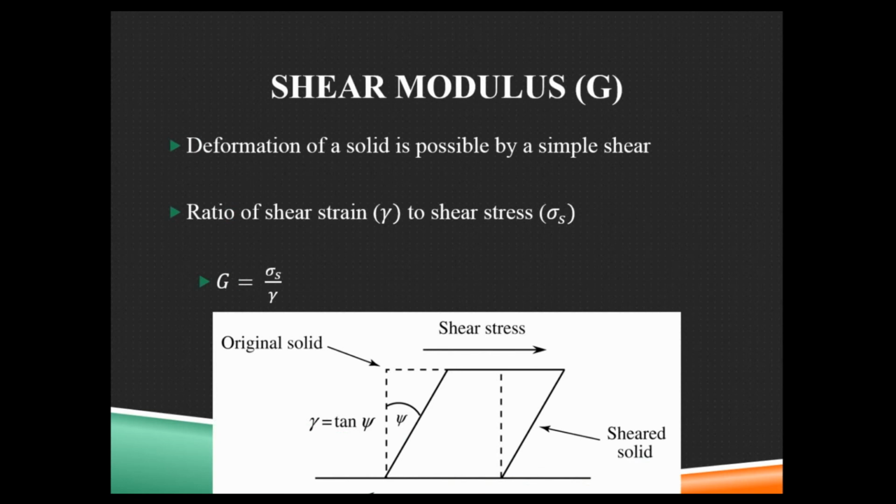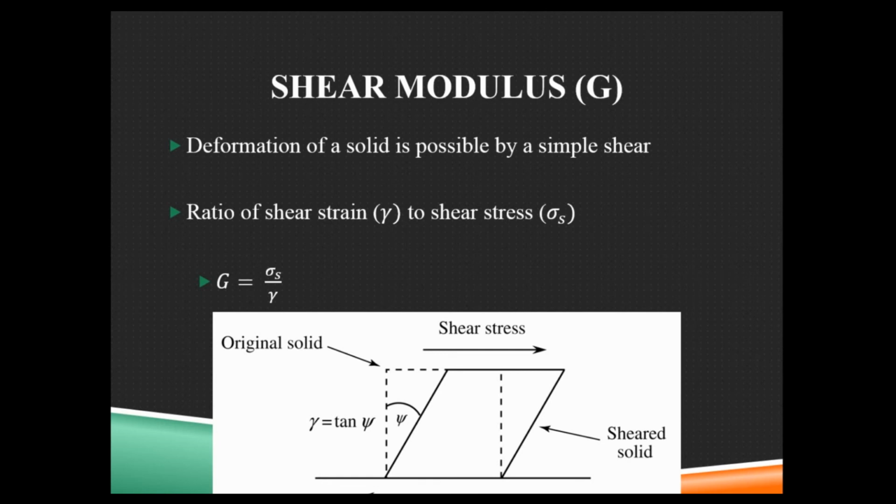Now, the shear modulus, capital G, is used to explain the deformation of a solid by simple shear. And it's the ratio of shear stress, sigma with a little s subscript, so we know it's specifically shear stress, to shear strain, gamma. Sigma by itself is compressive stress.